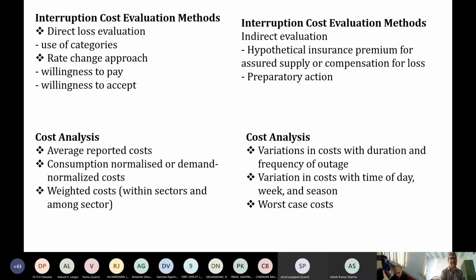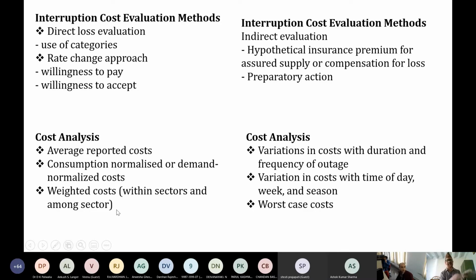Therefore, it is necessary to normalize that cost based on the demand, or based on their annual consumption. That is called consumption-normalized or demand-normalized cost, or weighted cost, within a sector and among the sectors.